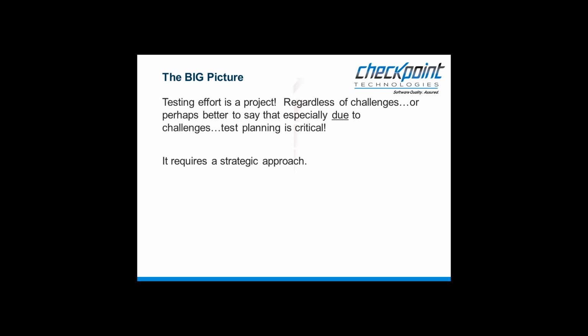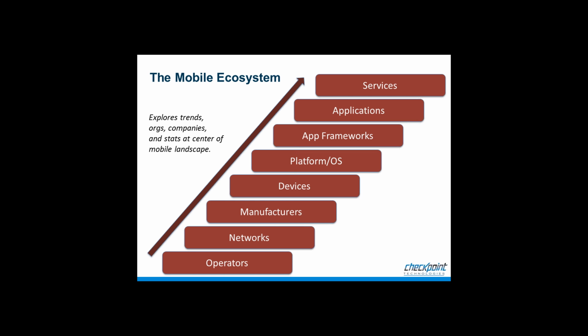So remember, testing effort is a project regardless of challenges, or perhaps better to say especially due to the challenges. So it requires a very strategic approach. One of the things we strongly endorse when trying to make a test plan for mobile applications is to make sure that your testers are familiar with the mobile ecosystem.